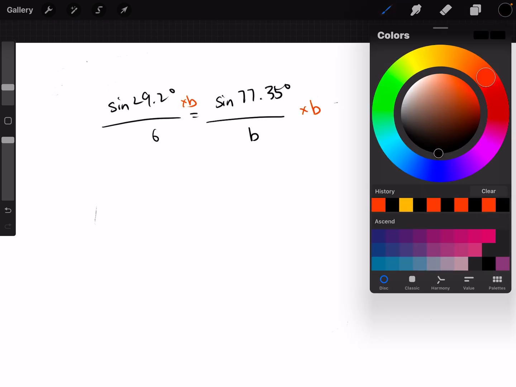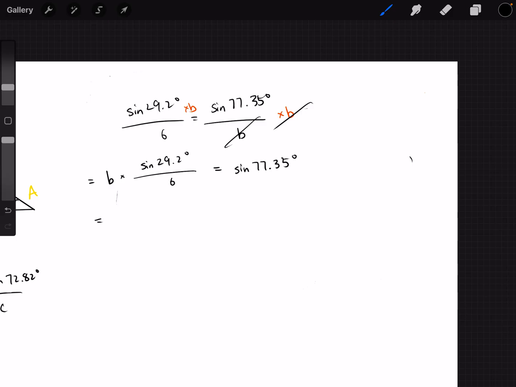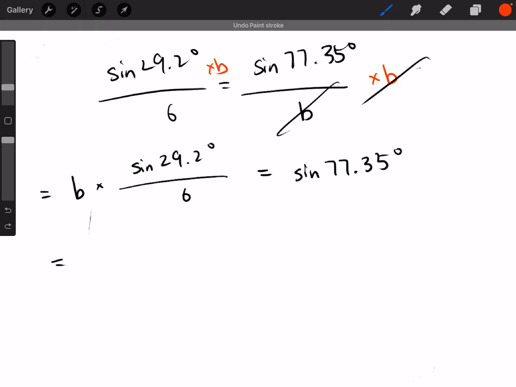Okay, now we have b times sine 29.2 degrees over 6 is equal to, the b cancels out, sine 77.35 degrees. All right, now we can just divide both sides by whatever this whole thing is, right?